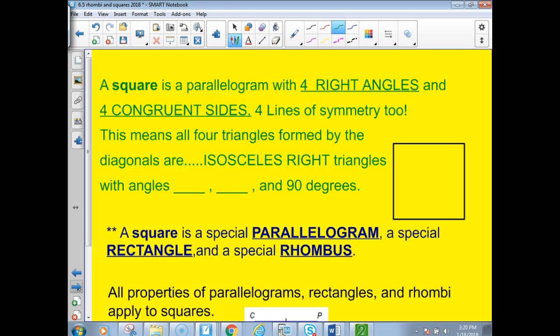Okay, that was 13. Now, a few things again with the squares. A square is a parallelogram with 4 right angles and 4 congruent sides, and 4 lines of symmetry too. The lines of symmetry, the diagonals, we can draw in.